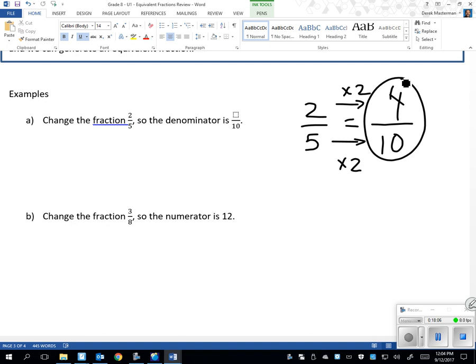Okay, change the fraction 3/8, so the numerator is going to be a 12. Alex. So if you multiply it by 2, you get 6 and you get 6 and 16.